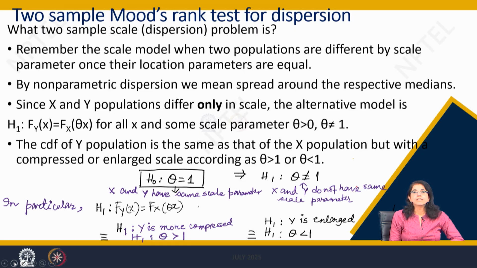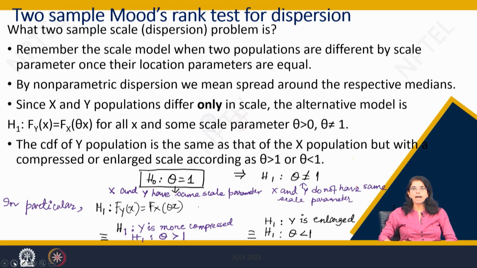Clear? So the cumulative distribution function of the Y population is the same as that of the X population, but with a compressed or enlarged scale according as θ is greater than 1 or θ is less than 1. Compressed means more squeezed, and enlarged means more scattered.